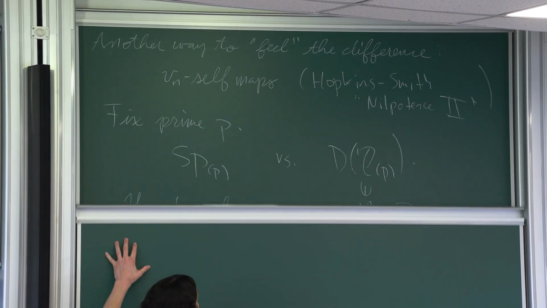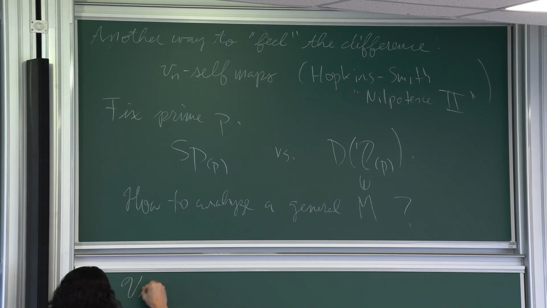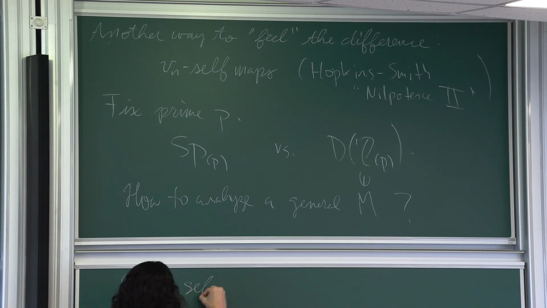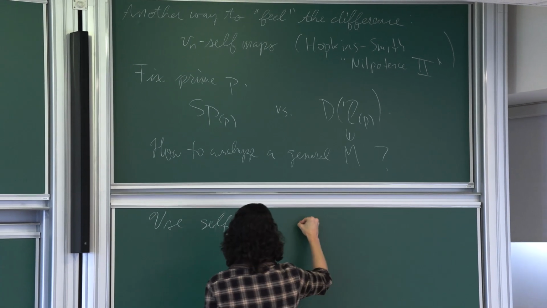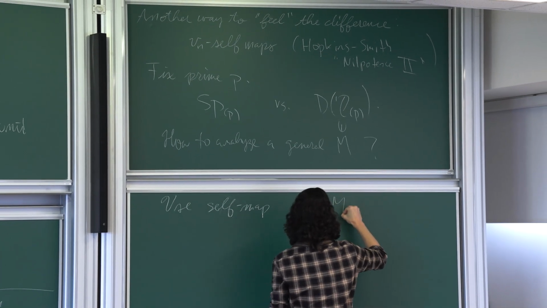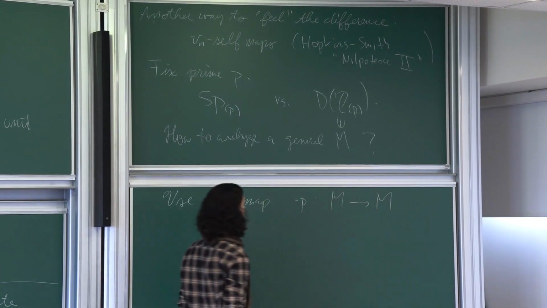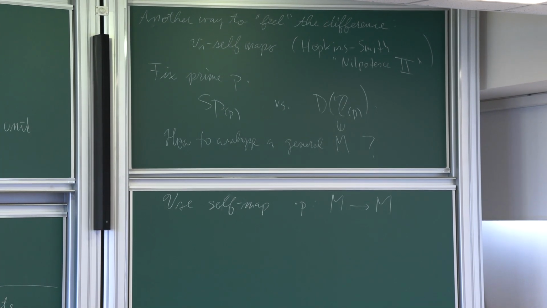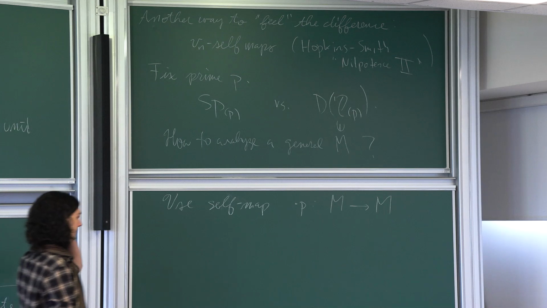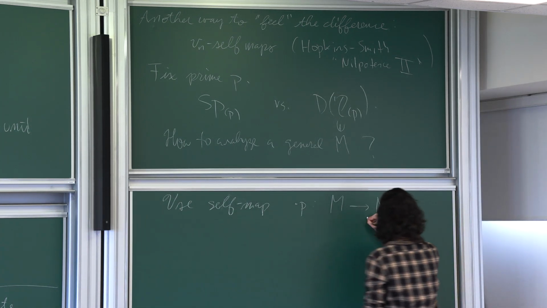The most important thing to look at is the self-map multiplication by p, which you have on any object there. When you have this self-map, there are two different operations you can perform, which are in some sense complementary.